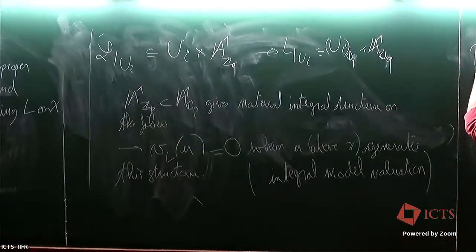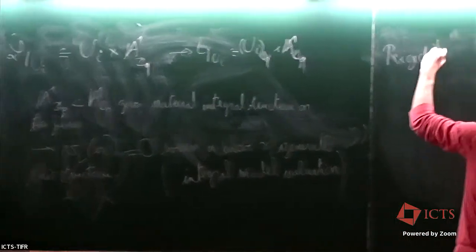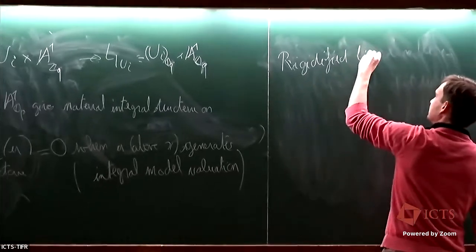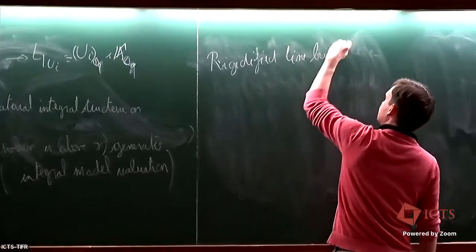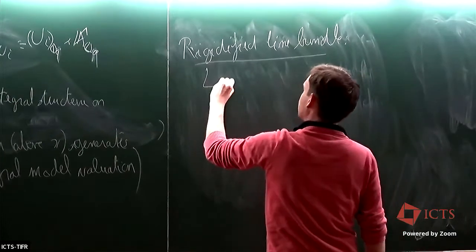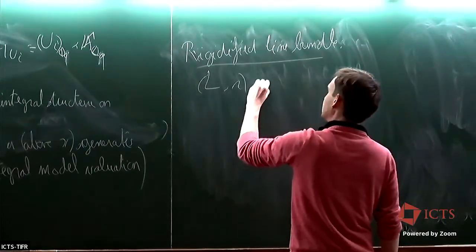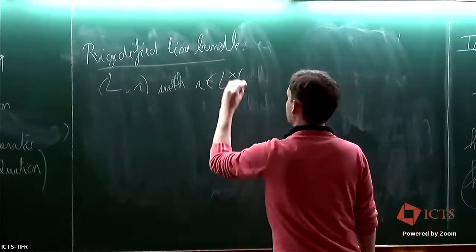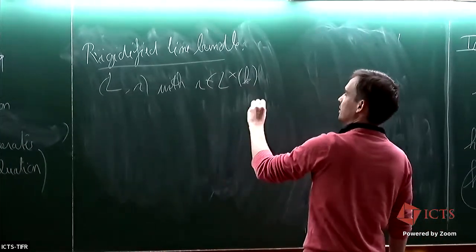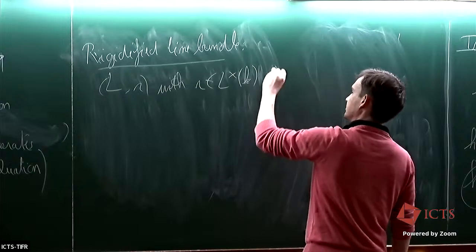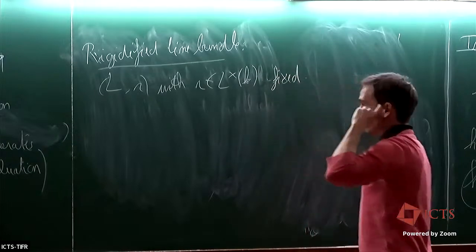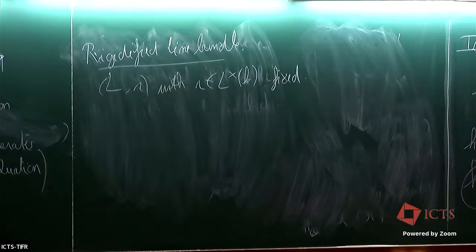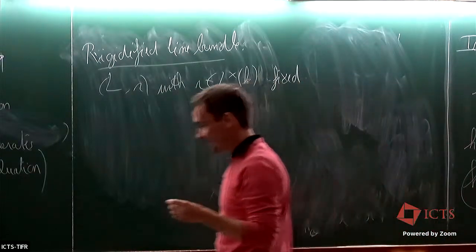So a rigidified line bundle is (L, r) with r in L^*, let's say over K, fixed. So I will fix one non-zero element in one fiber, and I will say this is my rigidification.